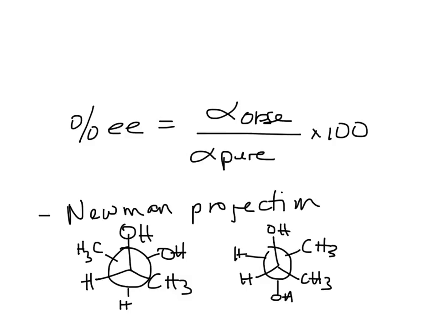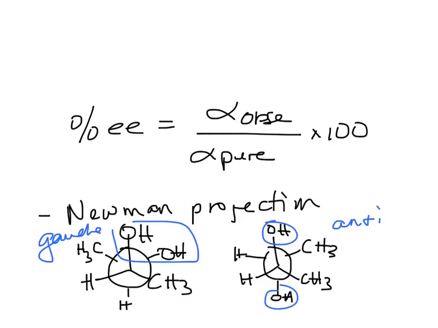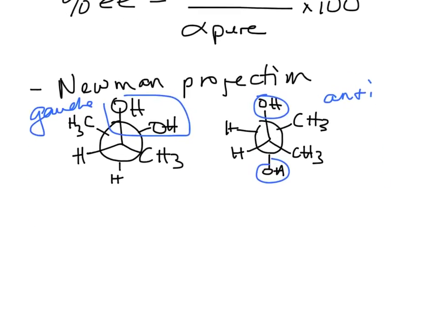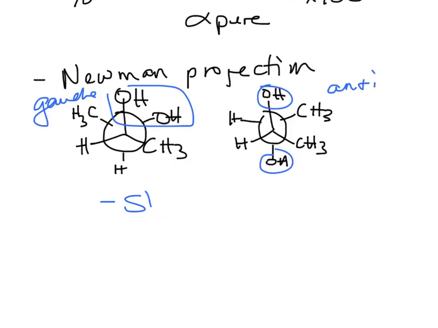Here I have the OH groups and they're gauche to each other, and here I have the OH groups and they are anti to each other. So these are two stereoisomers.